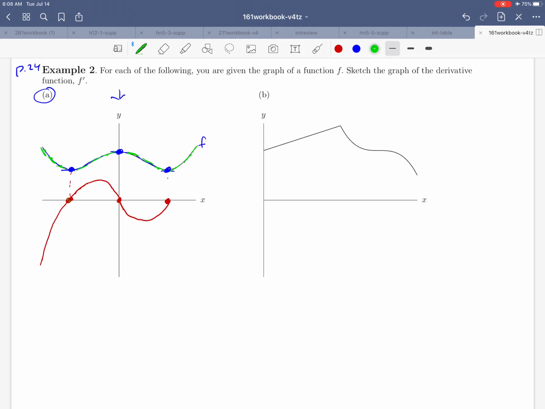Notice that the tangent line slopes there are positive, and so the derivative graph has to be above the x-axis. It's got to have positive y values. And so maybe it looks something like that. All right, and so that red graph that we drew is our best approximation of what the derivative graph should look like.